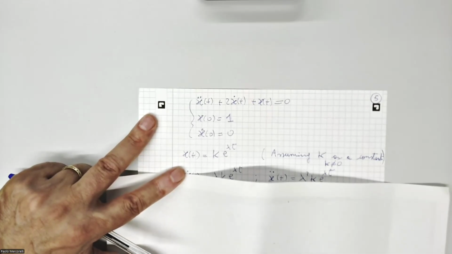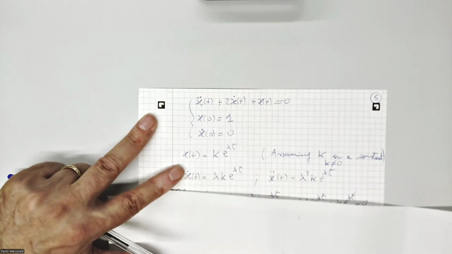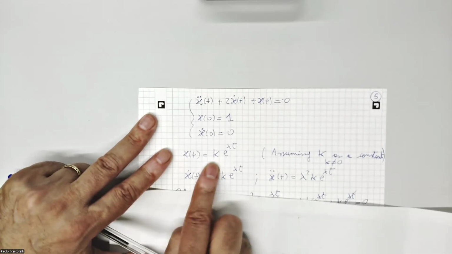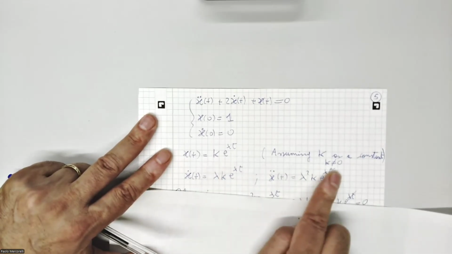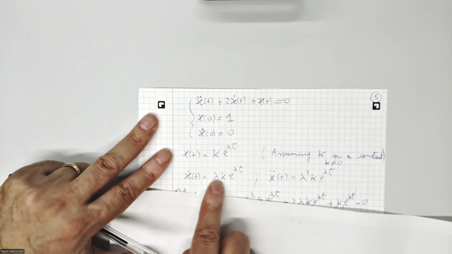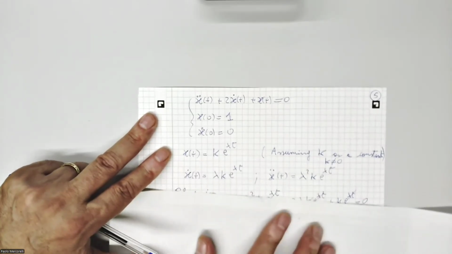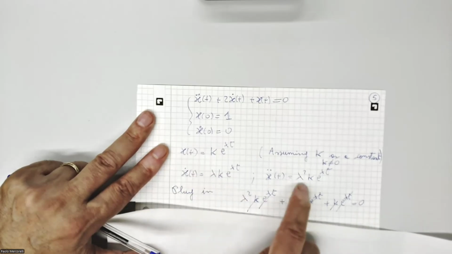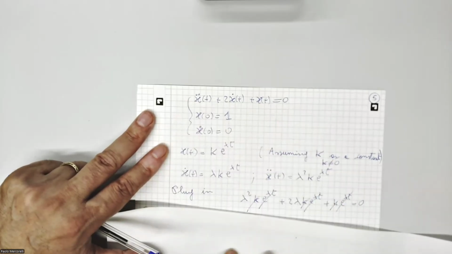I show you. Do you remember? Assuming that this is the form of the solution, the eigenfunction, with k not 0, we have the first derivative, which is this one, in accordance with the rule of the derivative, and the second derivative is this one. Plug it in here. We have this expression.